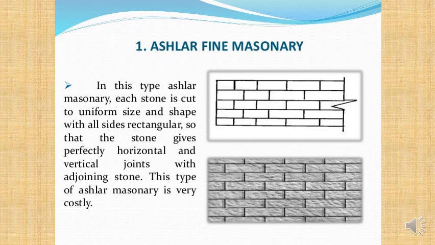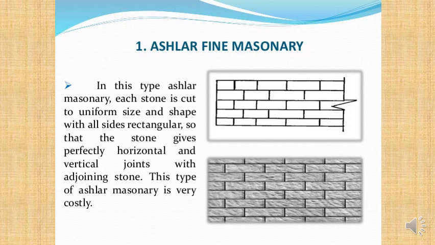So with fine ashlar masonry, you're cutting the stone in 3 dimensions so that it has equal depth, equal height, and equal length. And so you can see there that that's ashlar masonry, and both of those walls have actually been made with stretcher courses. That's called a stretcher bond. We'll get to that later.